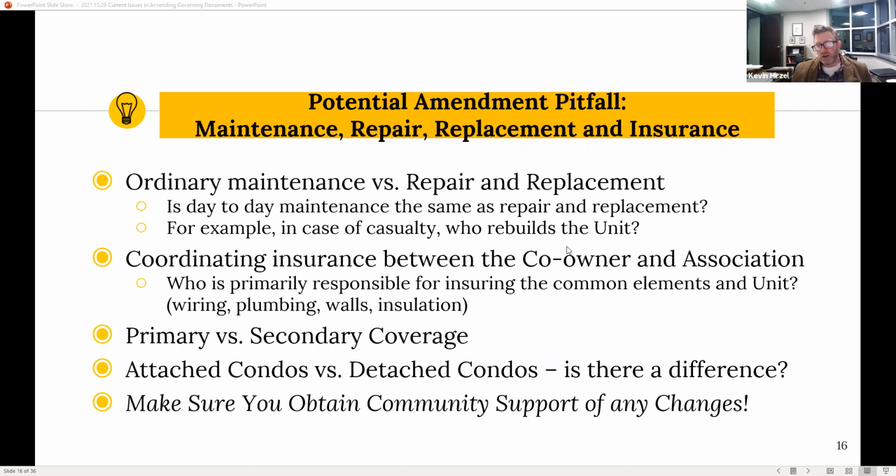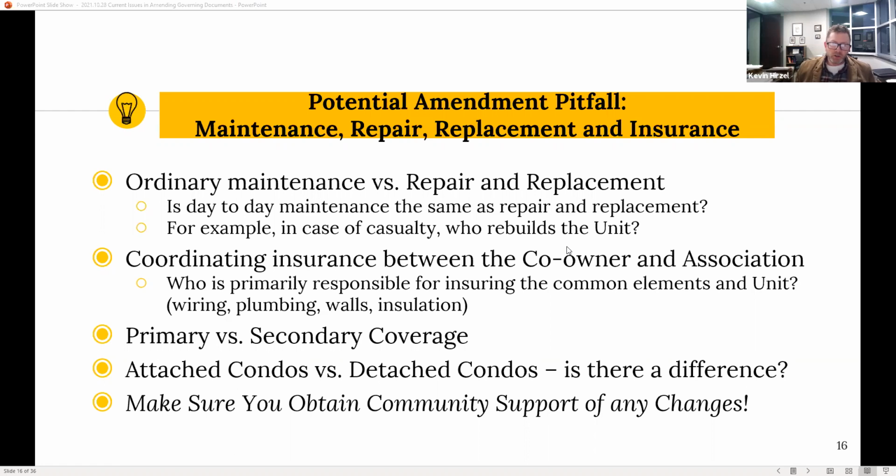As a general rule of thumb, we see detached condos be more comfortable with more liability and more responsibility being on a co-owner, whereas with an attached condo, it's more difficult to take that point of view without significant buy-in, because in many instances with attached condos, co-owners want to preserve the feel of the association paying for more and being responsible for more.